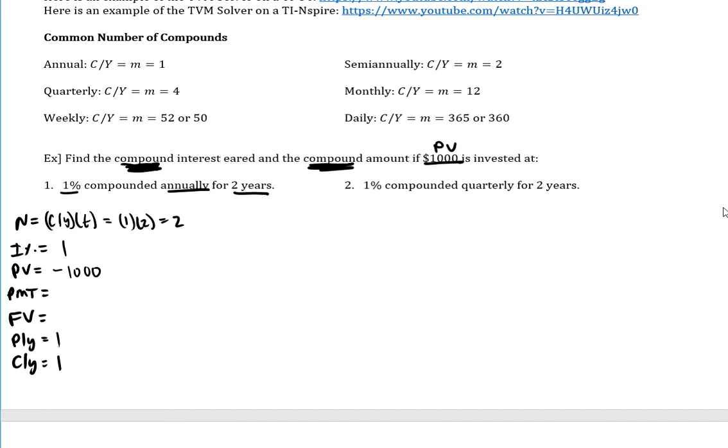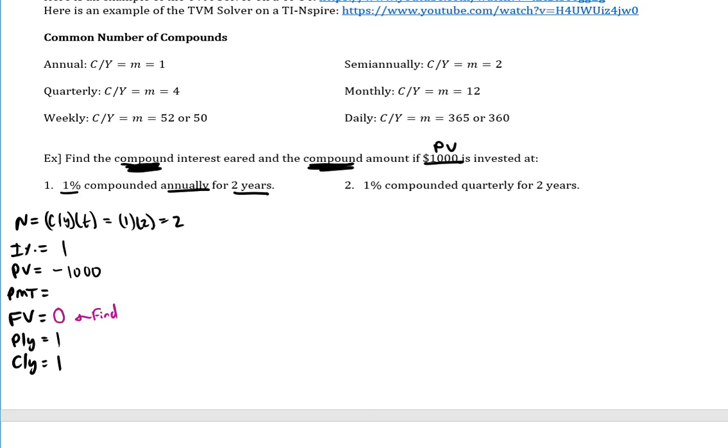Okay, and what we're trying to find, it says find the compound interest earned and the compound amount. That's after the 2 years, so we're finding a future value. For now, I'm just going to put 0. This is what we're trying to find, and the calculator does want a placeholder, so I'm using 0.